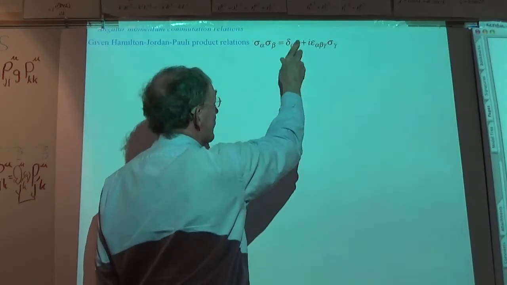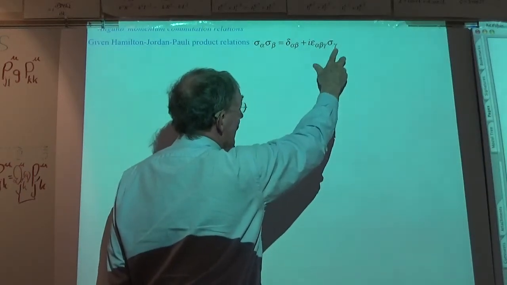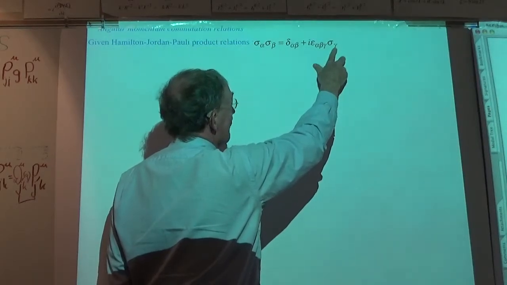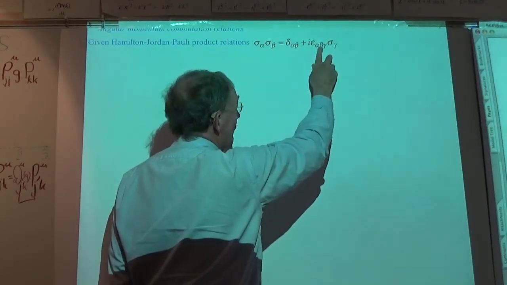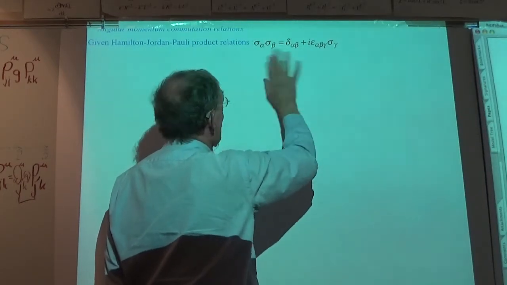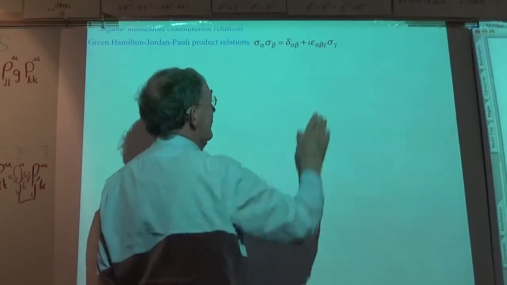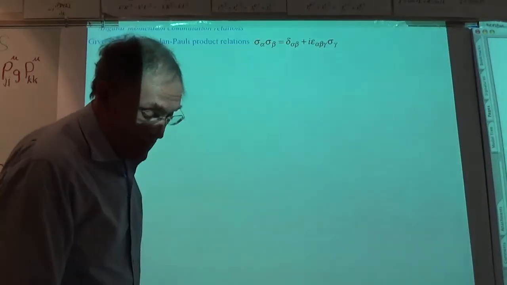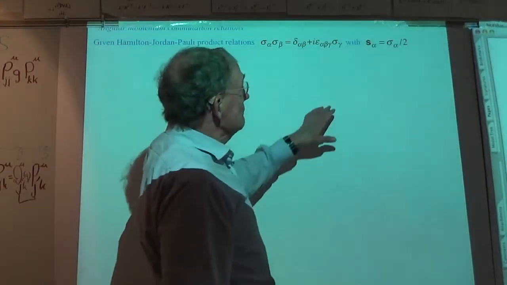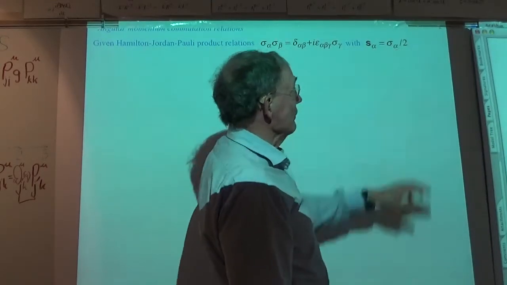If they're not, then it's one of the other sigmas, and it depends on whichever index is not equal to alpha and beta. But we're already unequal. If you only have 3 dimensions, there are not very many choices. Just one choice. And there it is. Okay. So that's pretty nice, except that we want to work with spin operators, which are 1/2 of the sigmas.